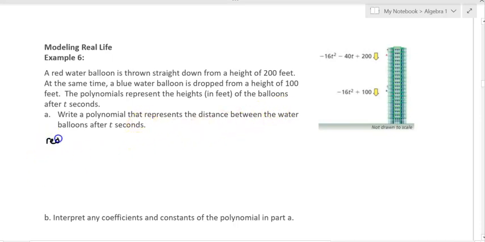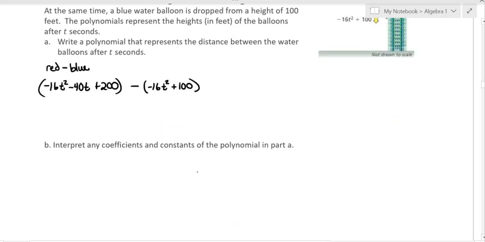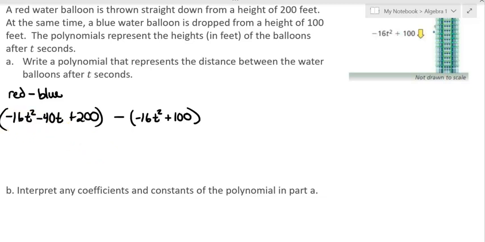So you're taking the red balloon's height minus the blue balloon's height. So the red is this negative 16t squared minus 40t plus 200. And you're subtracting the blue, which is this equation. So really, it's just like a problem we just did. So keep in mind that you start with the first parentheses and you distribute your negative to the second parentheses.